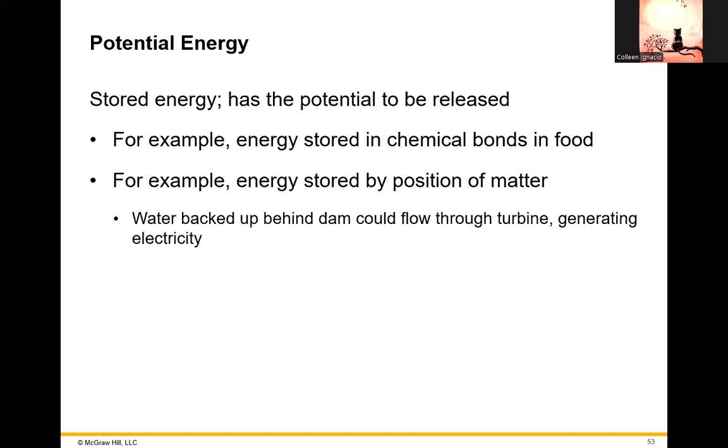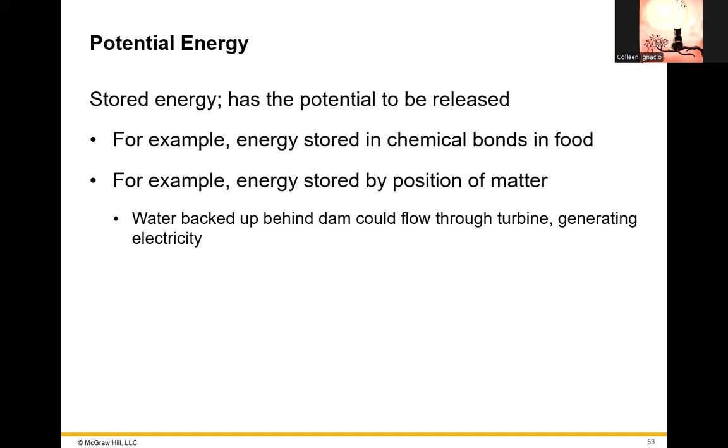Okay. Now we have different forms of energy. There is potential energy and kinetic energy. When I think of potential energy, that is energy that's stored, sometimes known as the energy of position as well. Energy is stored in our chemical bonds in food.